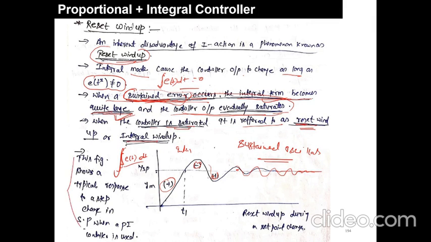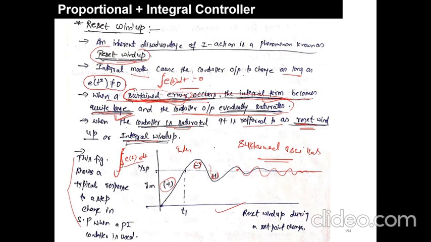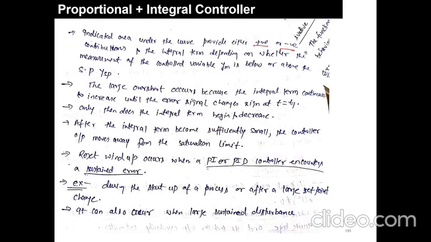You can see from this picture the indicated area under the curve, providing a positive value and a negative value. These are contributions to the integral term depending on whether the measurement of the controlled variable ym is below or above the set point, right?